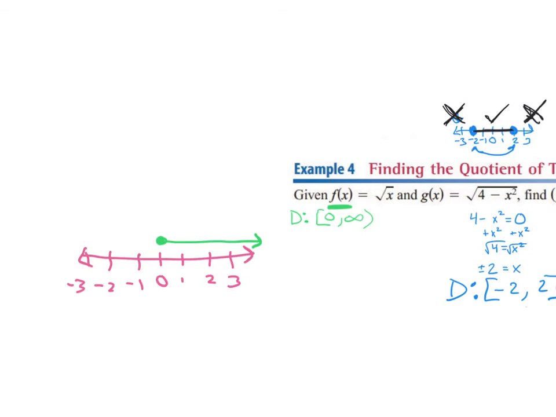Our domain for g of x is only from -2 to +2. So what are numbers that we have in common here? 0 to 2. Do we put brackets or parentheses? Brackets. We're including both 0 and 2, so we would put brackets.